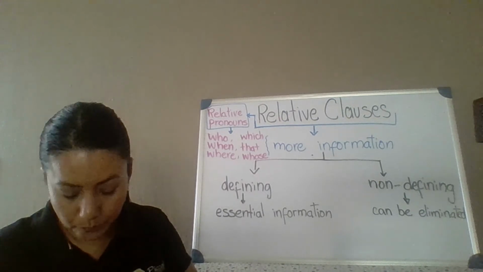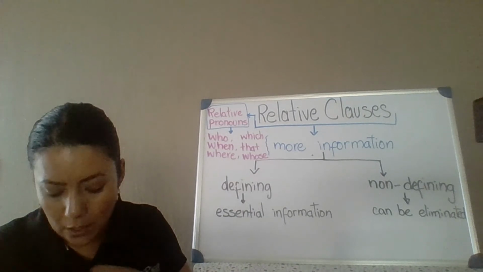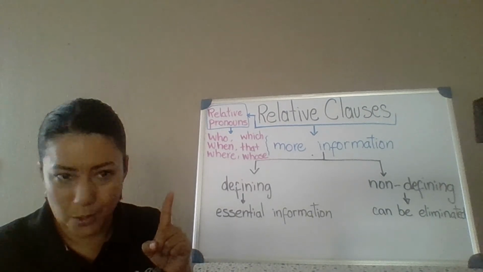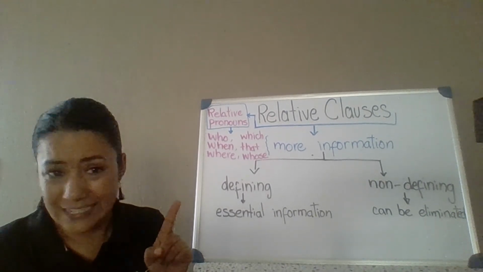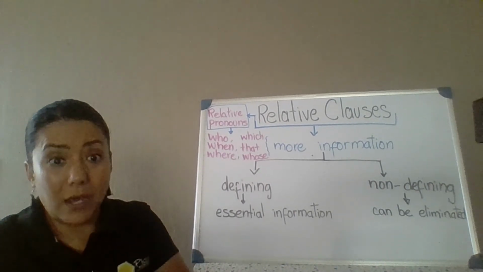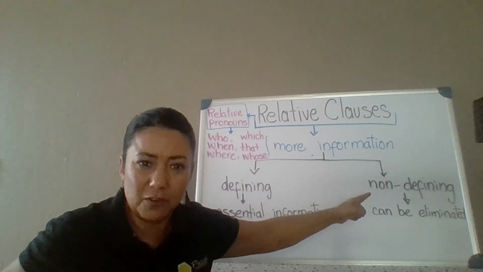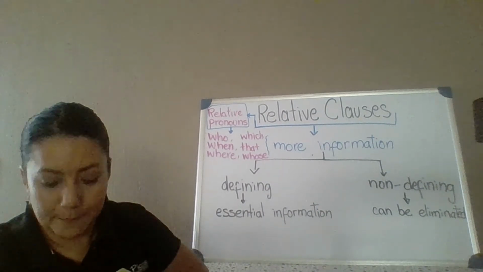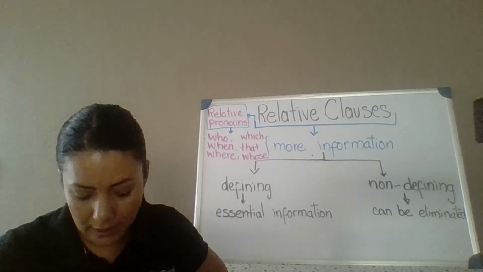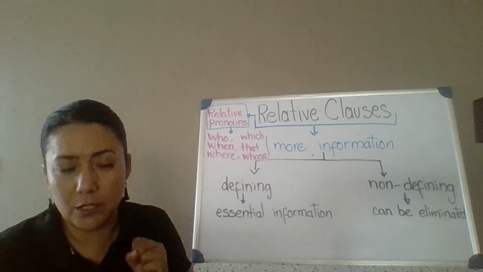For number 2, the iguana was sitting on the branch blended in with the scenery. Who? Are we talking about a person? No. Are we talking about a place? Remember, it's an iguana. Can we use which for non-defining relative clauses or that? That. Correct. The next one, number 3. The man's job had been interrupted.